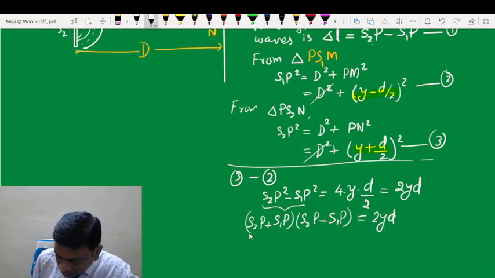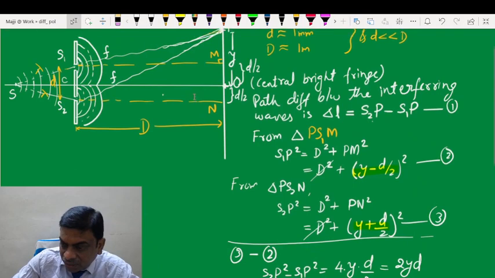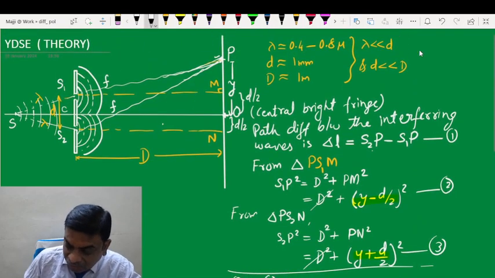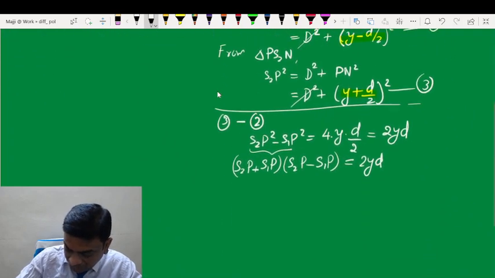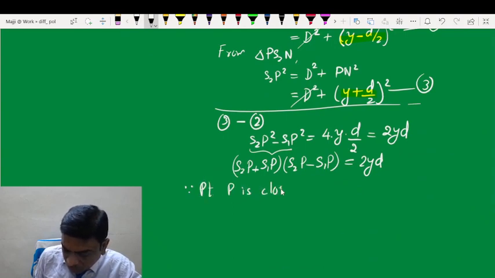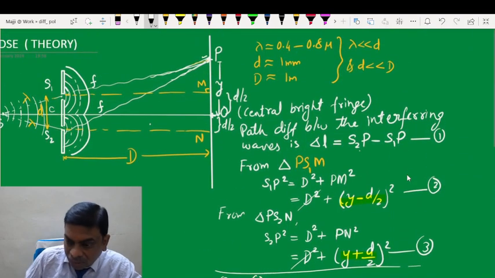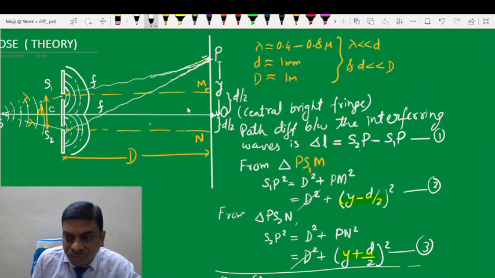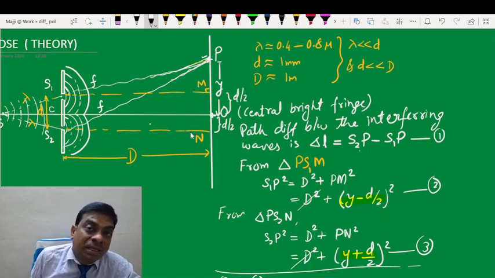Now you can see, students, try to understand this. The very important thing I'm telling here, the underlying assumption is point P is close to the central bright fringe. Very important, I'll tell. Since point P is close to the central bright fringe, that is O, therefore we can write S1P or S2P roughly equal to capital D. Just imagine, students, this distance is in millimeter, maybe half a millimeter or 1 millimeter or something like that, whereas capital D is thousands of millimeter, that is 1 meter.